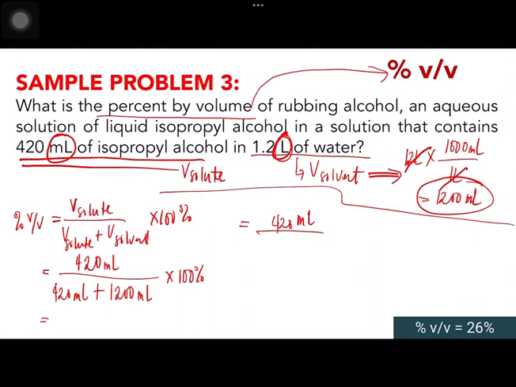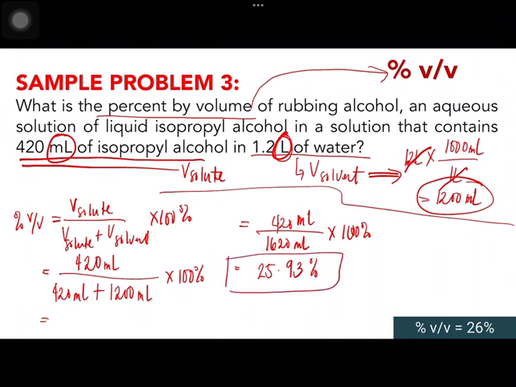So, that gives you 1,620 ml times 100%. So, 420 over 1,620 times 100. So, that gives you 25.9259. So, kailangan natin ng 2 decimal places. So, let's use the 3. So, you have 25.93%.